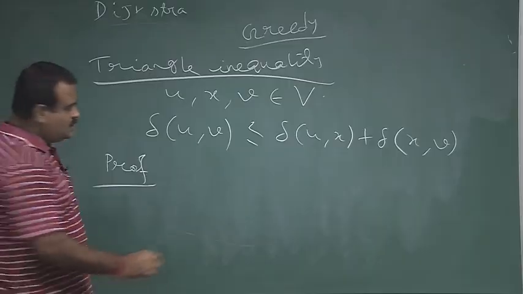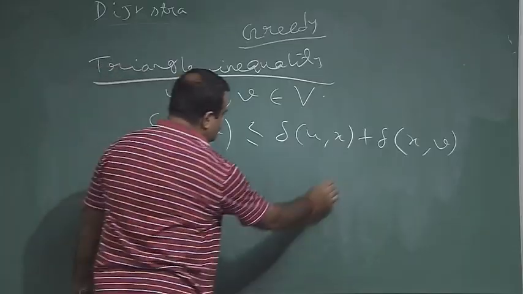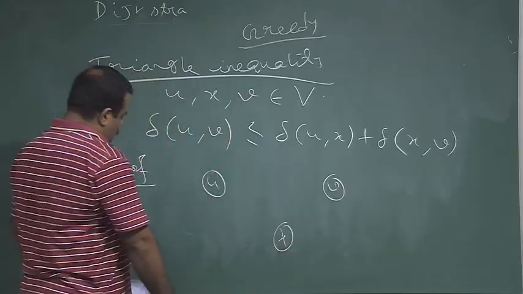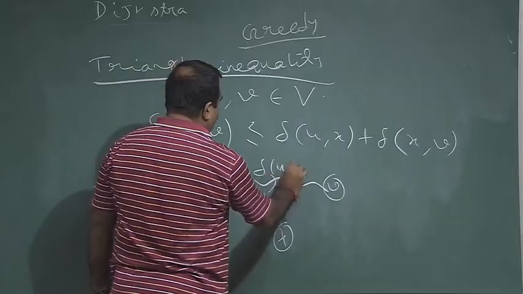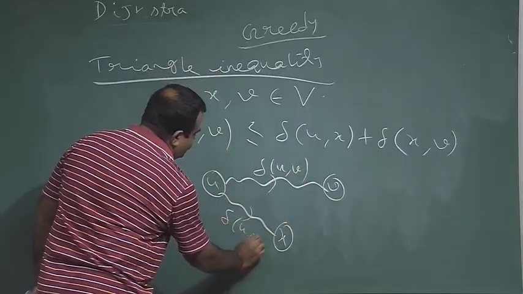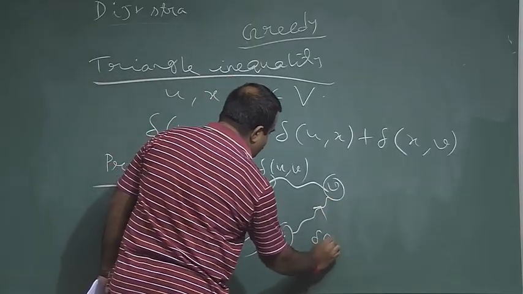So, how to prove this? We can prove it graphically. Suppose we have these vertices u, v, and x. This is the shortest path from u to v, delta(u, v), this is the shortest path from u to x, and this is the shortest path from x to v.